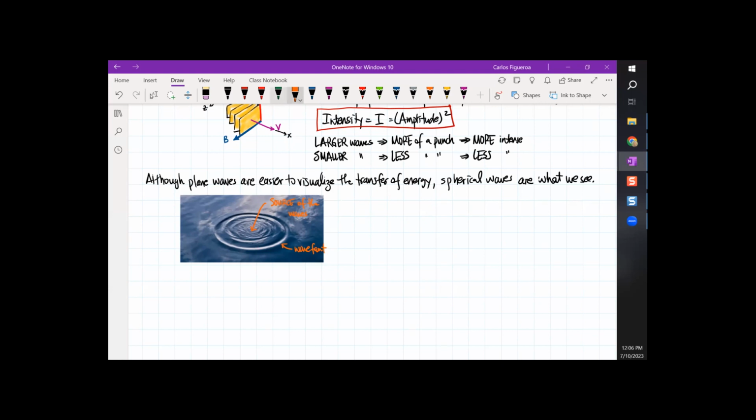So a rock dropped in water has wavefronts that are spreading out spherically. The same thing happens with a light bulb. For a light bulb, the wavefronts spread out spherically.